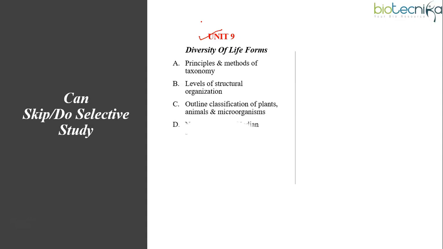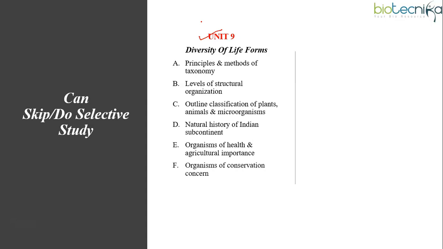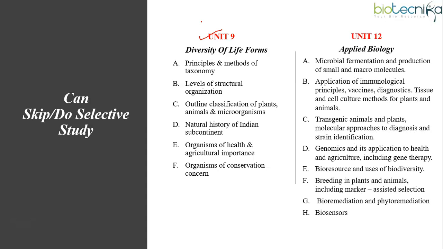So while studying this unit, it is important to understand the different forms of life and their classification, and this unit requires memorization of scientific names, texts and terminologies, which can be time consuming and tedious. And specifically the subunit F, which is about organisms of conservation concern, is in common with the conservation biology subunit of unit 10. So you can skip this unit or you can do selective study. It's completely based on your interests.